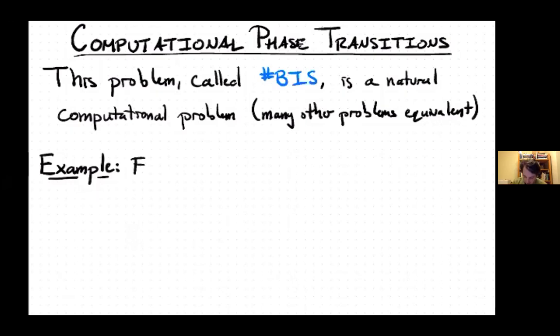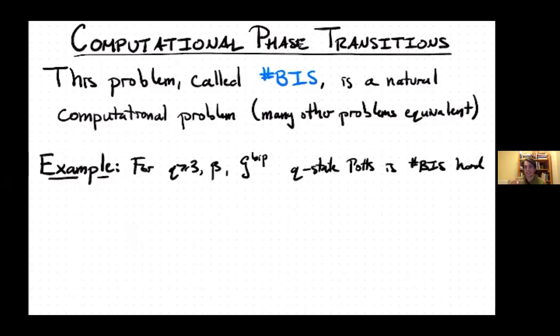If you take q at least 3, and you take any beta, and you take G bipartite, then the q-state Potts model is #BIS-hard, meaning it's as hard to devise an algorithm for this problem as it is for independent sets on bipartite graphs.